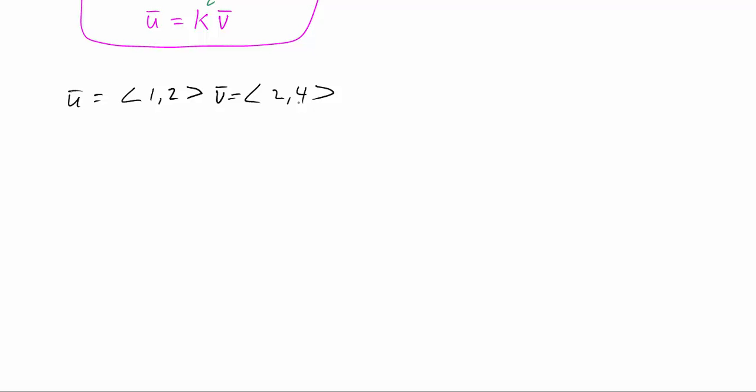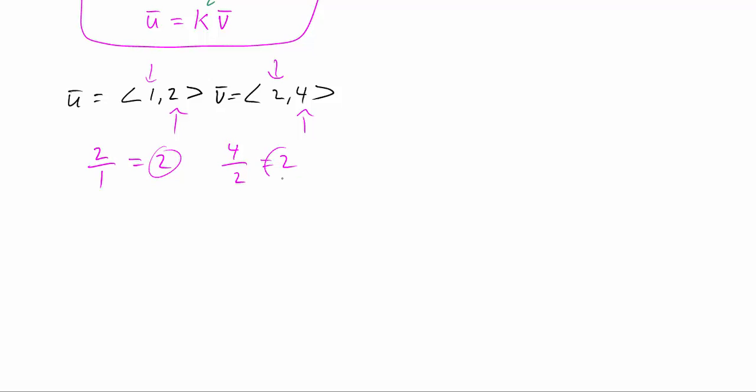Well, to be able to look at that quickly, we can just take this 2 and divide it by the 1. So 2 divided by 1, what does that equal? Well, 2 over 1 is 2. And then if we were to take 4 divided by 2, 4 divided by 2 is equal to 2.